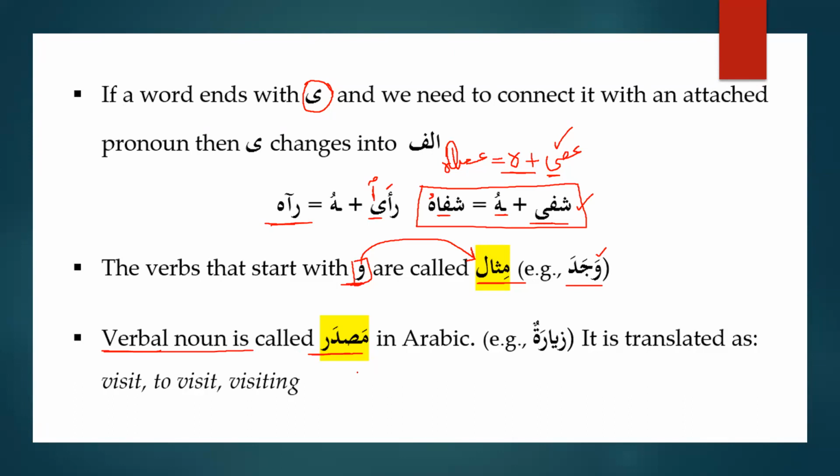This is just an introduction to let you know what it is, and inshallah we will learn more about it in detail. Why is it very interesting? Because it is used as a verb and it is also used as a noun. So it can be translated as visit, or to visit, or visiting. For example, you say, please visit me.